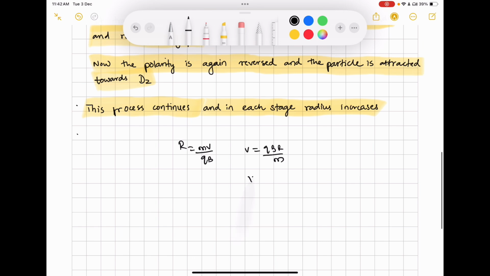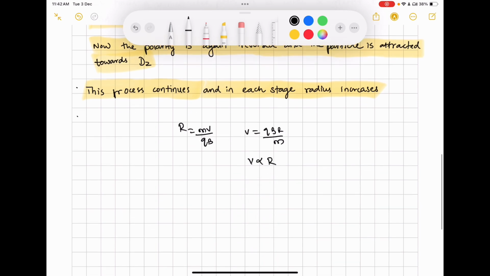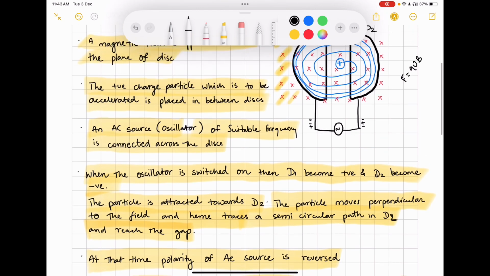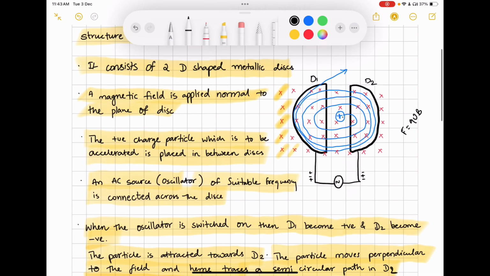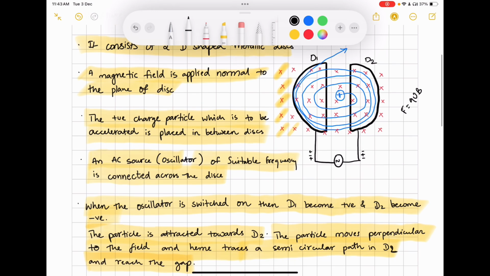From this we can say that velocity is proportional to radius, that is, as radius increases, velocity also increases. So we know that the radius of the semicircular path is increasing in every stage, therefore the velocity of the particle will also increase.